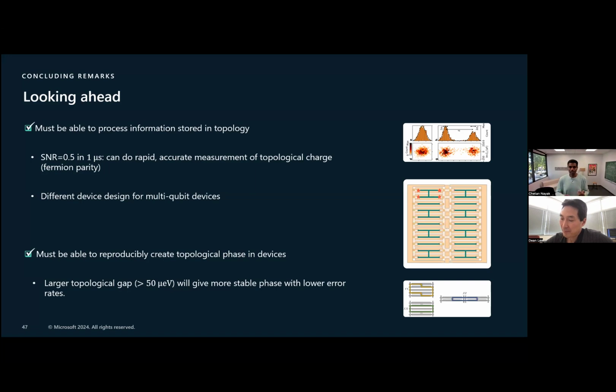So, taking those caveats into account, the lowest error rates are almost 3 nines. The error rate per qubit is close to 10 to the minus 3. It's between 10 to the minus 2 and 10 to the minus 3.